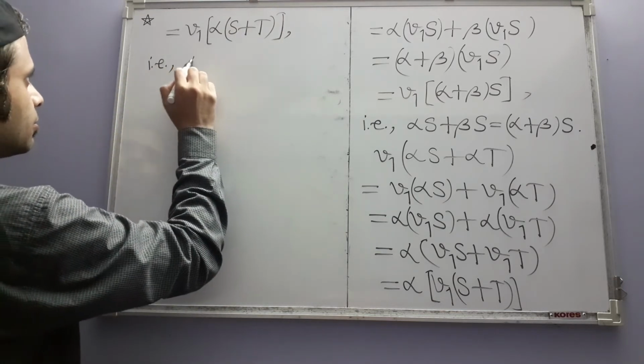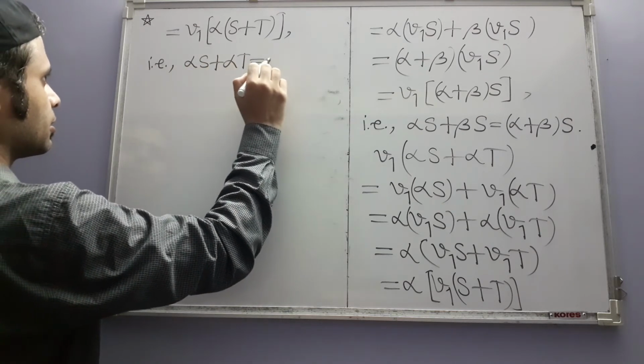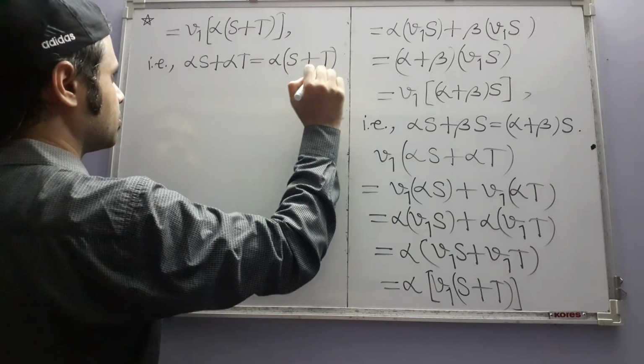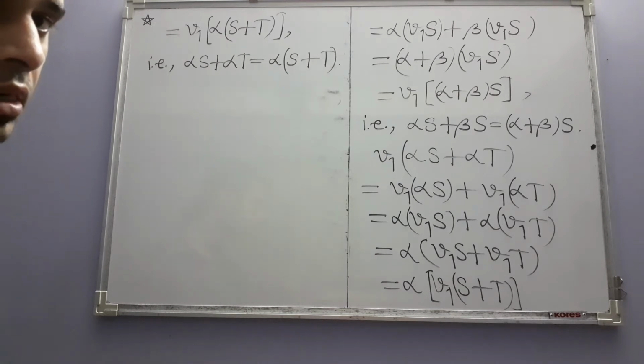That is, alpha s plus alpha t is equal to alpha times s plus t. So this is one other axiom that we needed to verify. Two more are left.